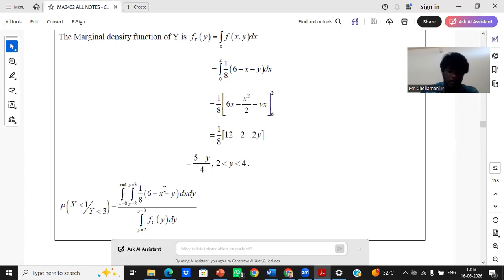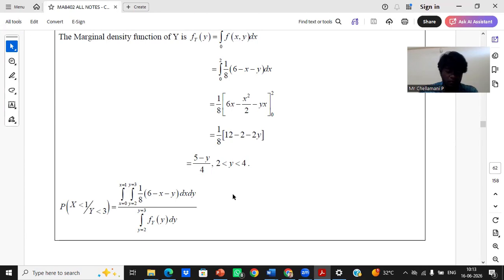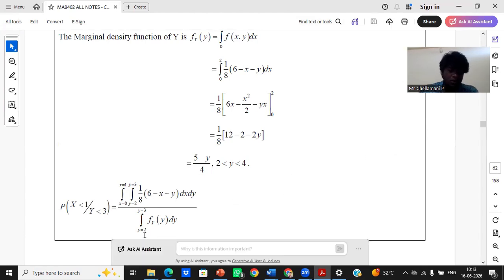So our problem is probability of x less than 1 given y less than 3. So our function is 1 by 8 of 6 minus x minus y in dx dy, divided by the integral from 2 to 3 of f of y.